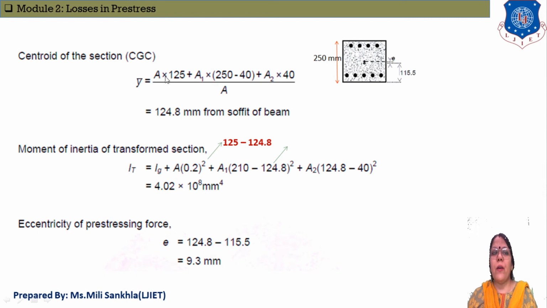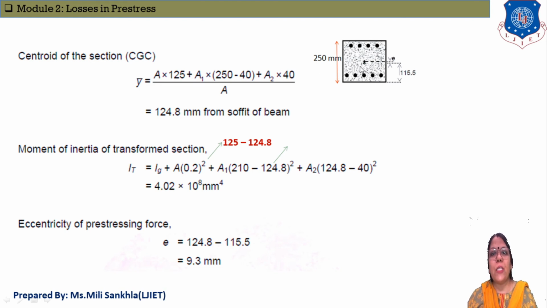Okay, now here A is equal to our first area, that means total area, and y is equal to neutral axis, 250 divided by 2 is equal to 125. A1 is equal to 4, and 250 minus 40, this distance is equal to 40, so total depth 250 minus 40.